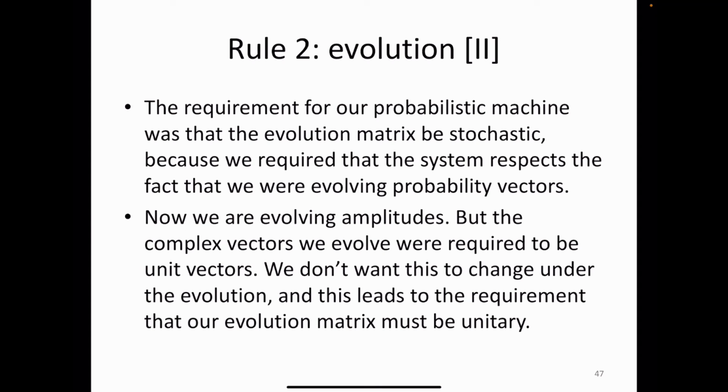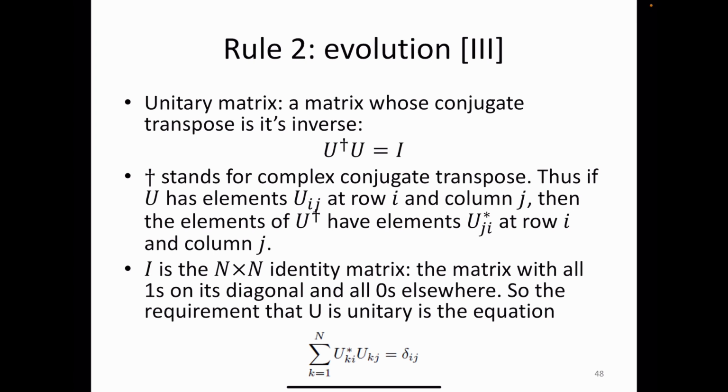The requirement for our probabilistic machine was that the evolution matrix be stochastic, because it required that the system respects the fact that we're evolving probability vectors. But now we're evolving amplitudes, and the complex vectors that we evolve are required to be unit vectors. We don't want this to change under the evolution, and this leads to the requirement that our evolution matrix must be unitary. And the unitary matrix, as we learned before, is one whose complex conjugate transpose is also its inverse.